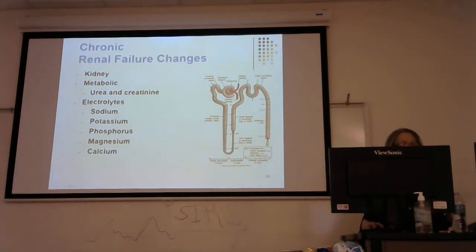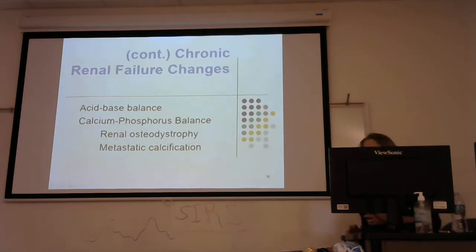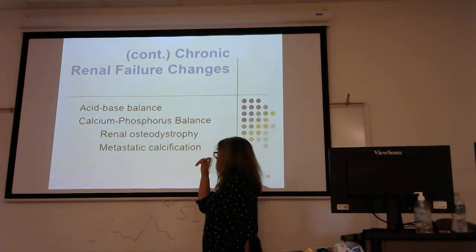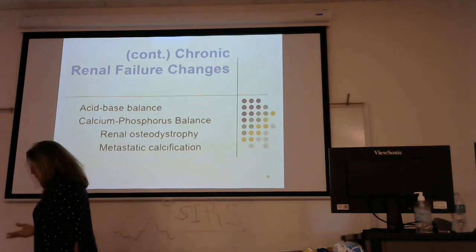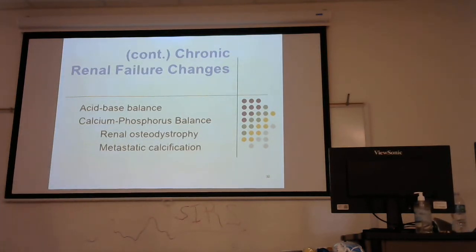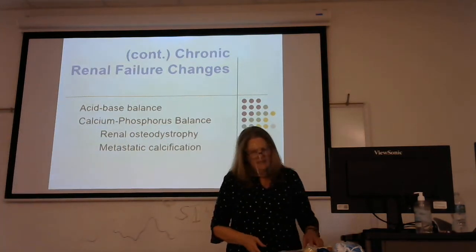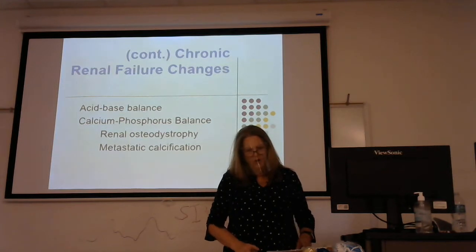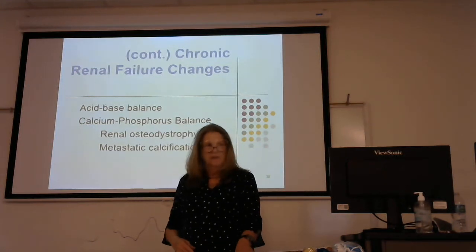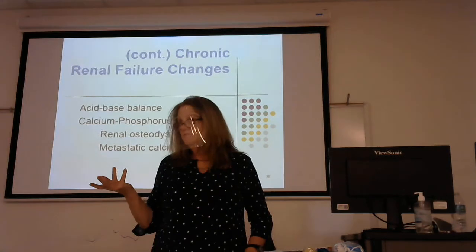So let's talk a little bit about calcium and phosphorus. They are reciprocal. When phosphorus starts to go up, because we are not metabolizing it, the calcium starts to go down. And we activate the parathyroid gland, and parathyroid hormone gets secreted and says, get me some calcium out of those bones.